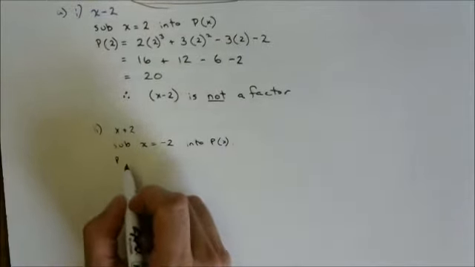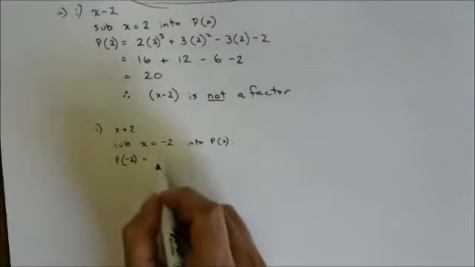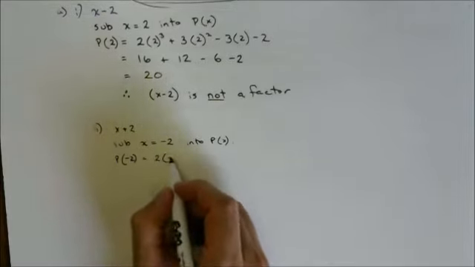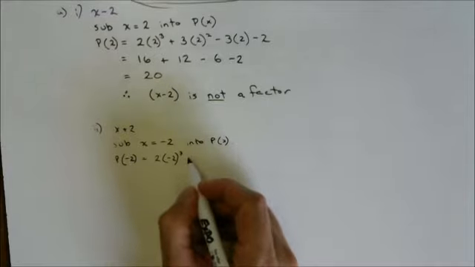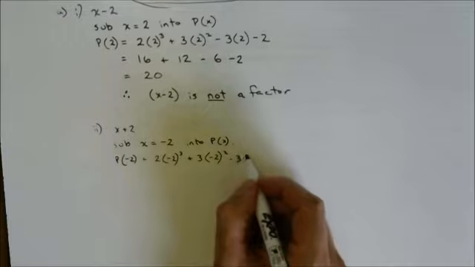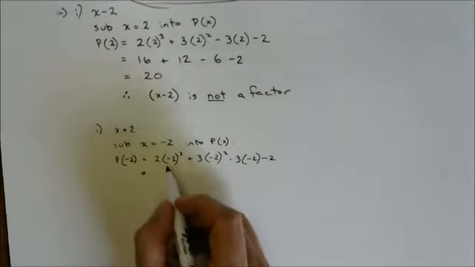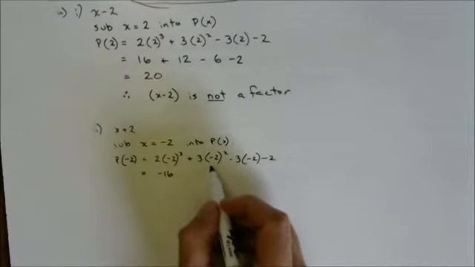So we've got x equals minus 2. We're going to put that in there. What do we end up with? We end up with 2 times negative 2 cubed plus 3 times negative 2 squared minus 3 times negative 2 minus 2. We've got negative 8 times 2 is negative 16. We've got positive 4 times 3 is positive 12.